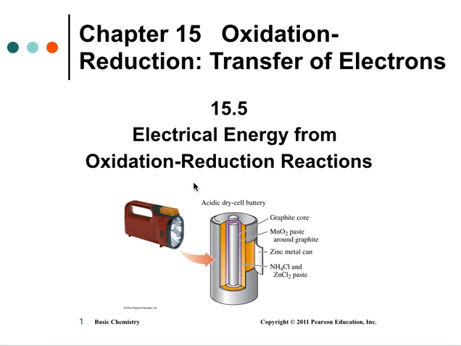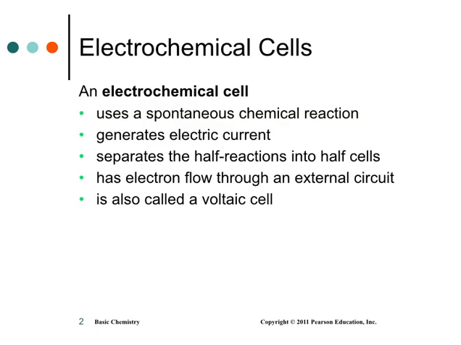So how does a battery work? Let's first of all look at a battery. It is generating electric current by separating the two half cells that we did in the last lesson, when you oxidize and then reduce. So you are stealing electrons from one atom and reducing another atom by its theft.